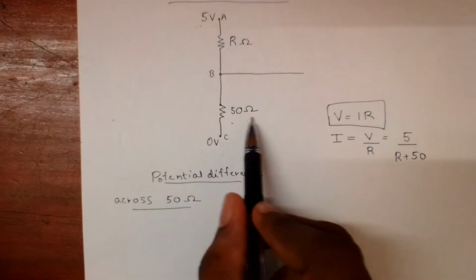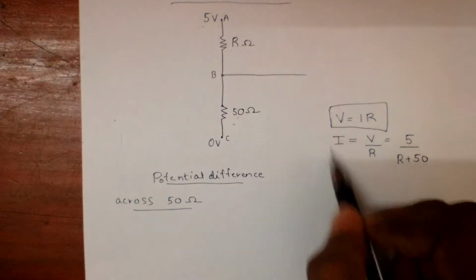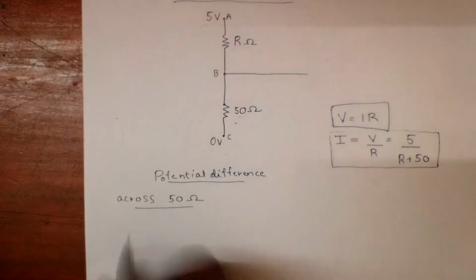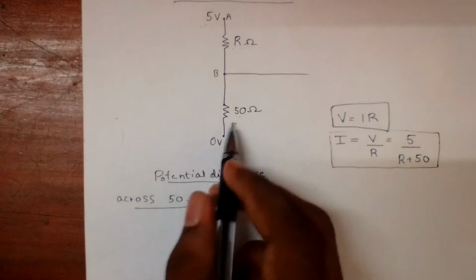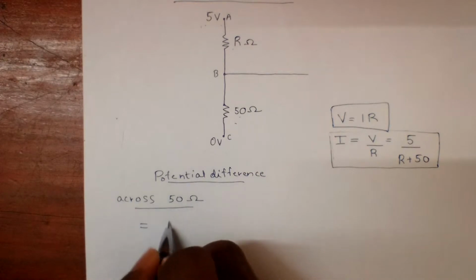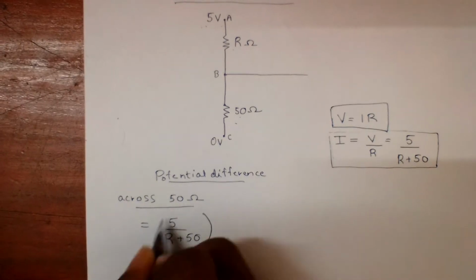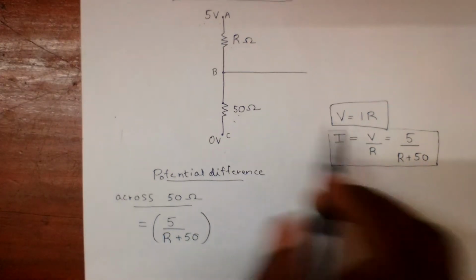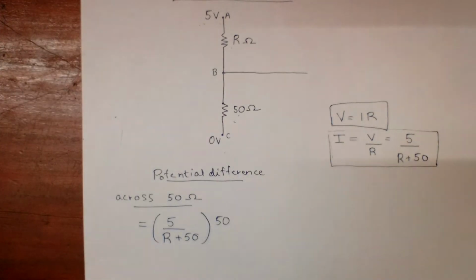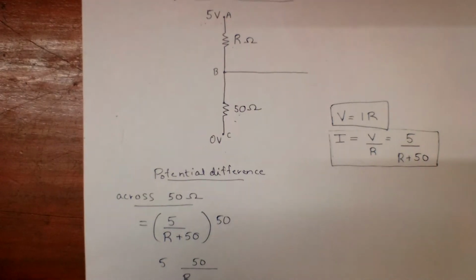The resistance is 50 and I, as we found, is this. So V across the 50 ohm is equal to I multiplied by R. That's our potential difference, and we could also write it as 5 into 50 by R plus 50.